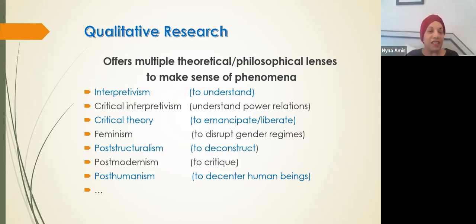So critical theory, if you understand that, if we do enough research using that lens, we may find ways in which we can emancipate ourselves or others for that matter.